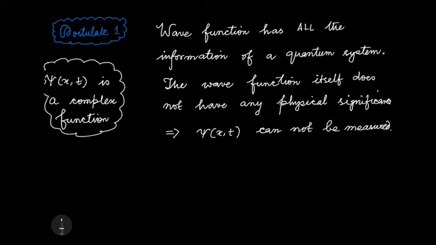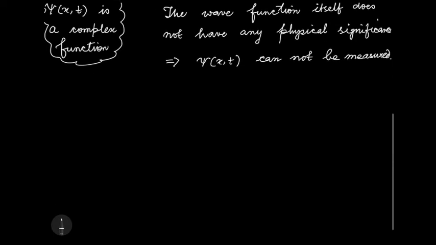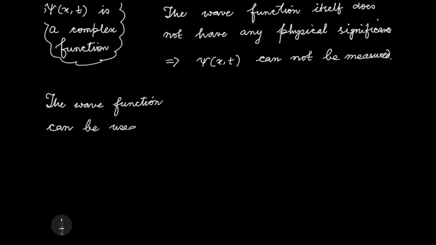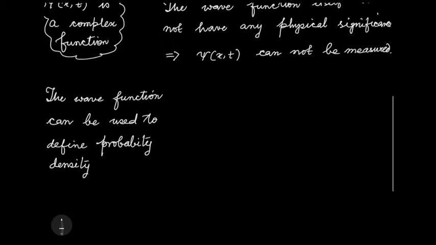So then, what is that which has physical significance? The wave function can be used to define probability density. Now, we are writing a position space wave function, as we said before.